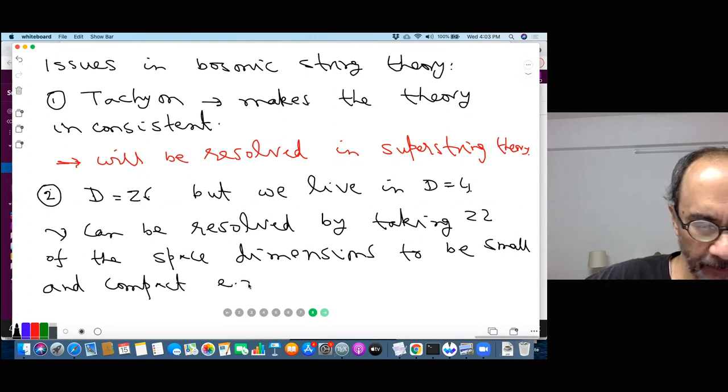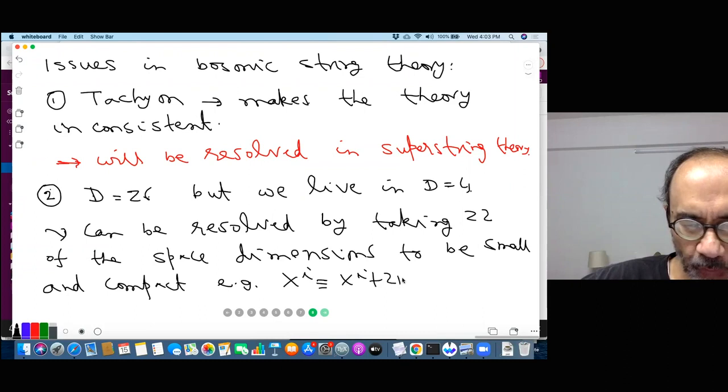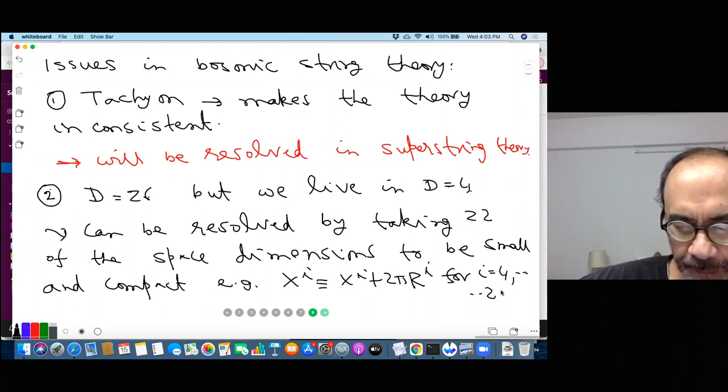Just to give an example, we can take each of them to be a circle. So we identify xi and xi plus 2 pi ri, for some length ri, for i equal to 4 to 25. So 0, 1, 2, 3 remain non-compact directions, and these become compact.